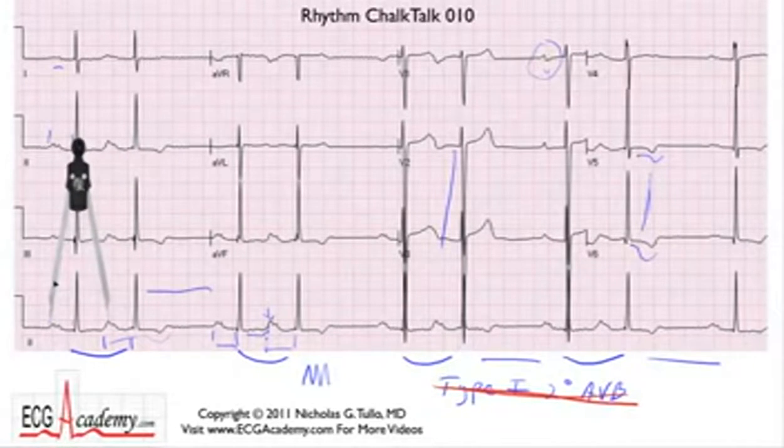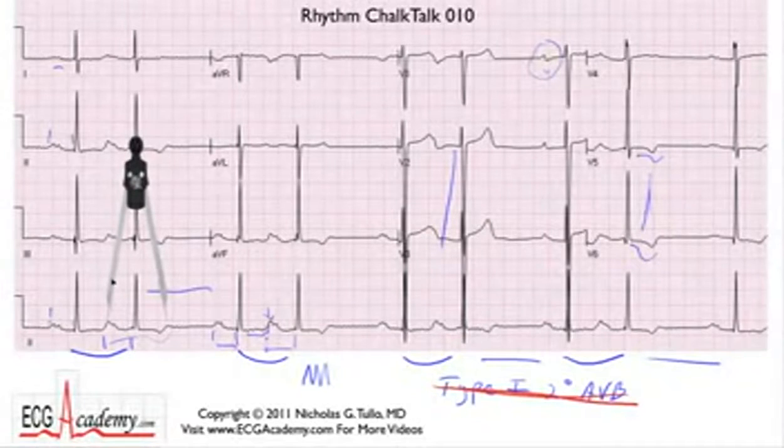We can see this is the P to P interval, but there doesn't seem to be a P wave here. After all, you would think that I should be writing a P here that blocks, and then it all starts all over again with the PR getting longer, and then a P here that blocks, but there's no P.